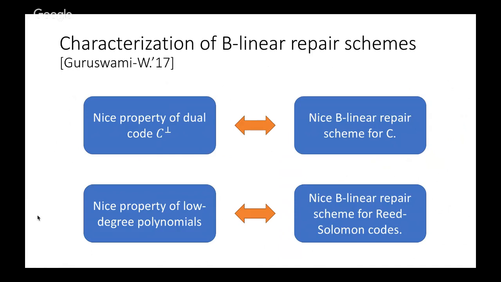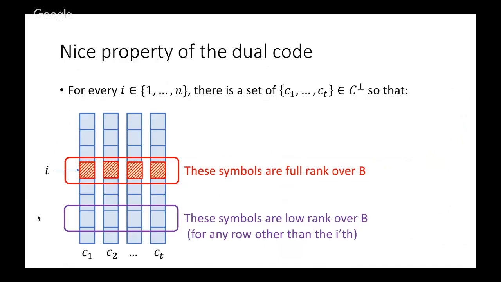So let me tell you what I mean by a nice property. Here's the nice property of the dual code that we'll be after. I'm going to define it by picture. For every i, which is a possible symbol that might have been erased, so think of i as being the failed node, I demand that there exist a set of dual code words c1 through ct.